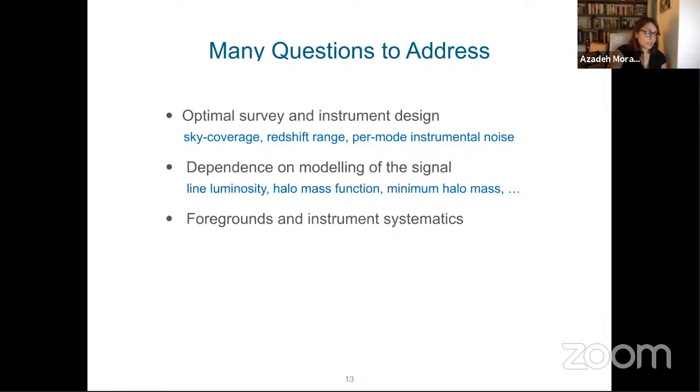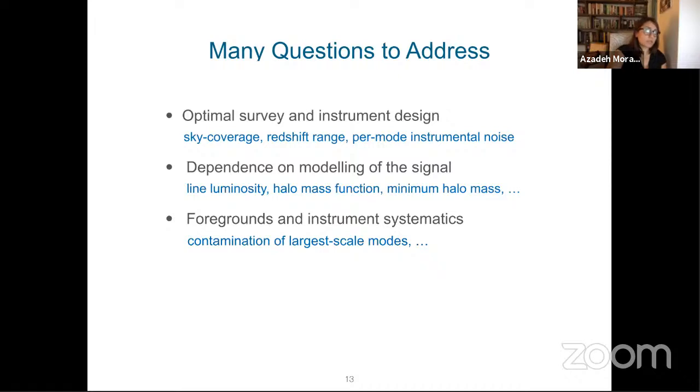And then, of course, the big elephant in the room for line intensity mapping surveys is how well we can characterize the foregrounds and instrument systematics, and what their impact is on parameter estimation.